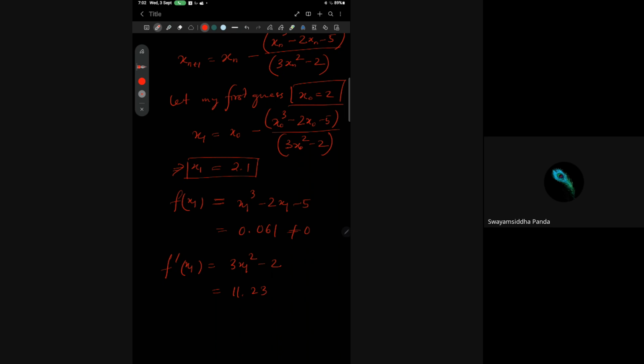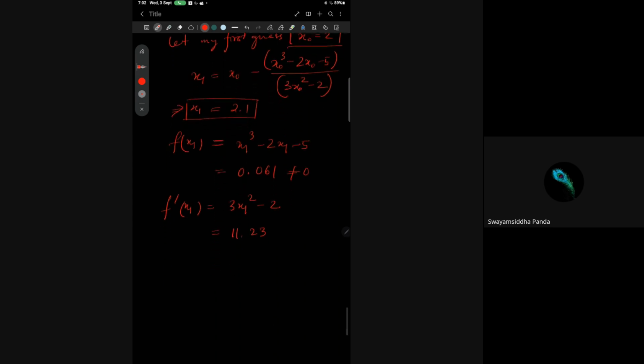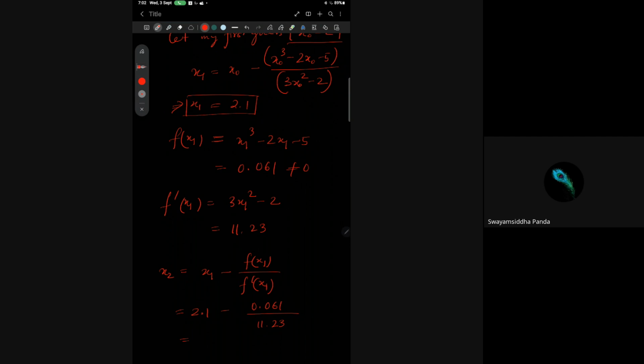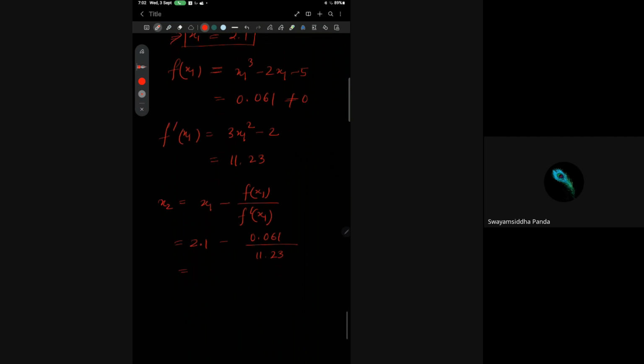As we saw that f of x1 is not equal to 0, we have to go for x2. So x2 is equal to x1 minus f of x1 divided by f prime x1, that is the formula. So that will be 2.1 minus f of x1, which we found to be 0.061, divided by 11.23.